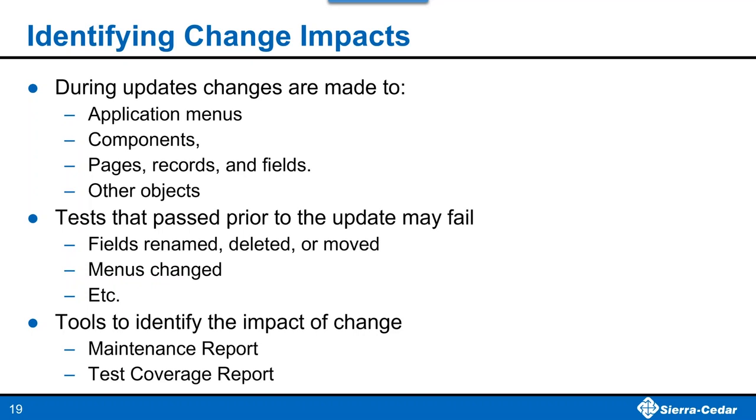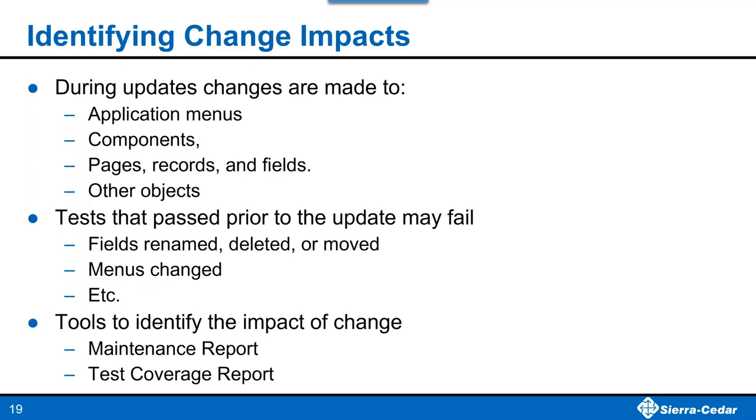For example, in the travel advance, in the fluid user interface, they had changed the visible comments field from a text field to a long text. And so that we knew was going to fail.